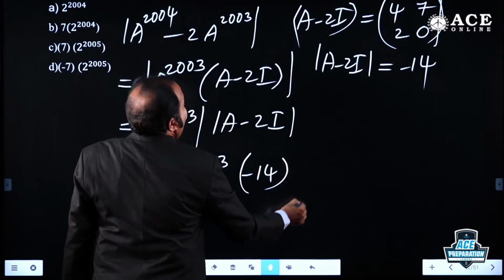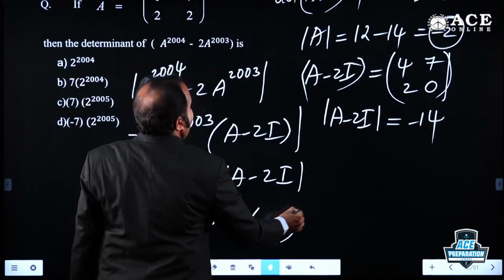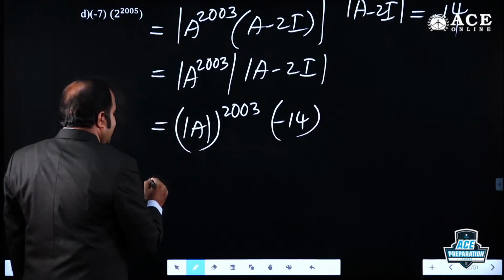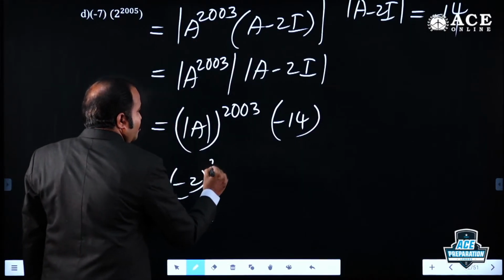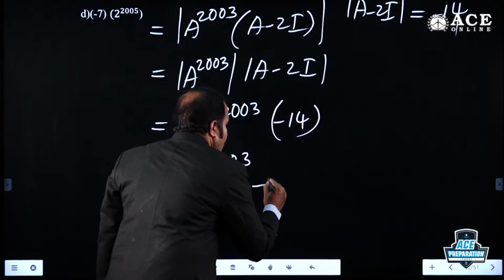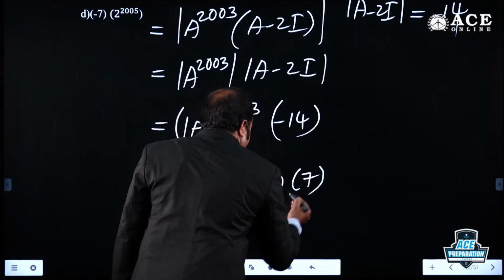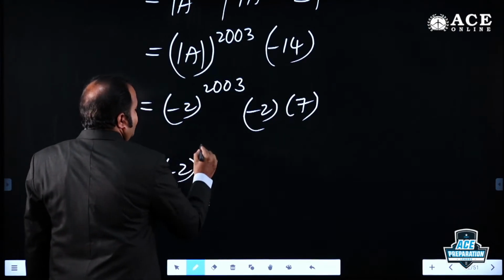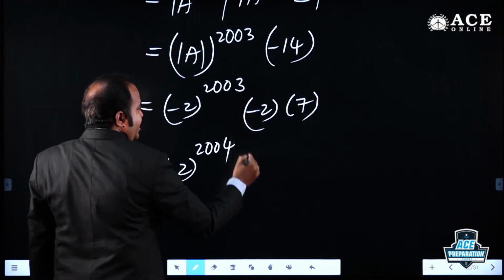And what is det A here? Det A is minus 2. So this is going to be (minus 2) whole power 2003, and minus 14 can be written as minus 2 into 7 only. So this is going to be therefore (minus 2) whole power 2004 into 7.